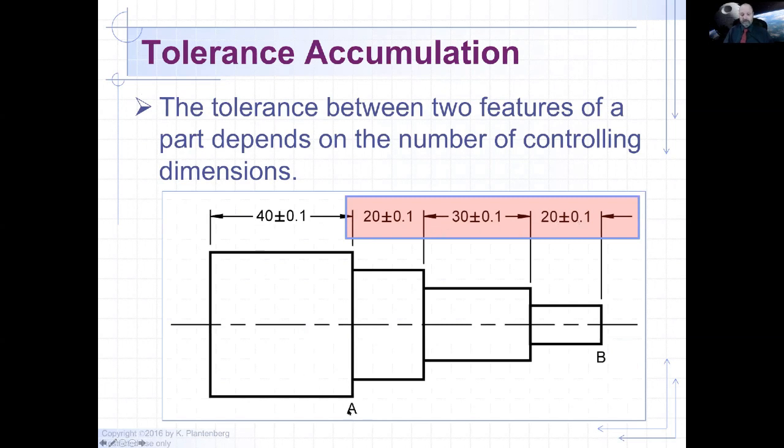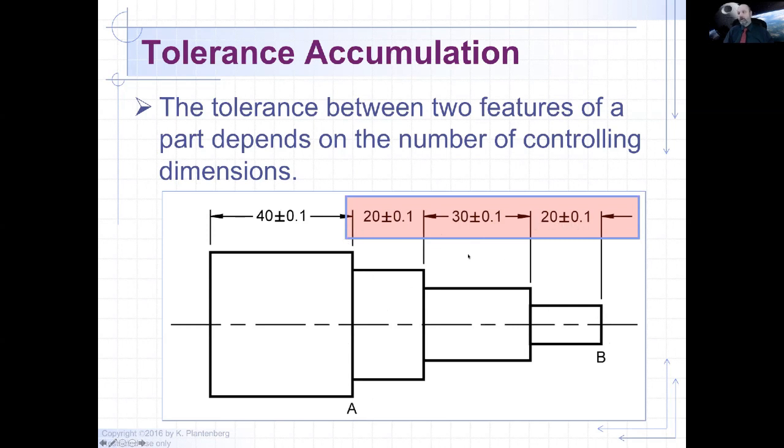So if you were to measure between A and B, what's the range of that dimension going to be? Well, if you go 20 plus 30 plus 20, you're going to get 70. So on average, the distance between A and B is going to be 70. But now this first part can vary by 0.1, the second varies by 0.1, and this third varies by 0.1.